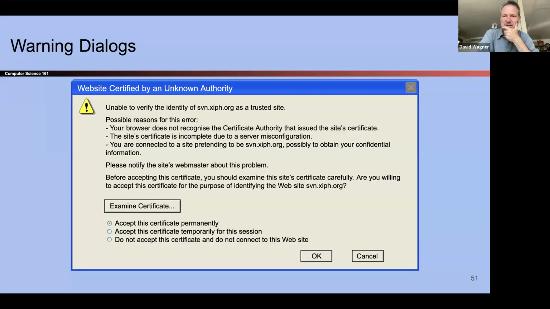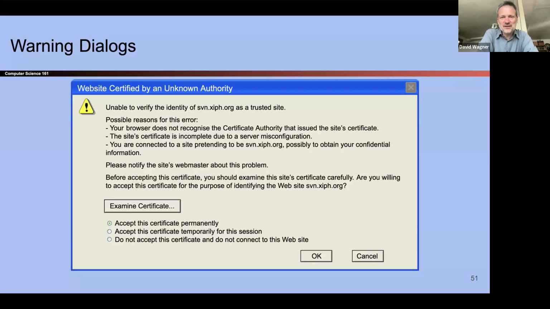How would an average user, how would my dad, know if a certificate is authentic? How would my dad know what a certificate is? Look at the jargon there. Oh my gosh, certificate authority, misconfiguration, webmaster. This is super technical stuff.